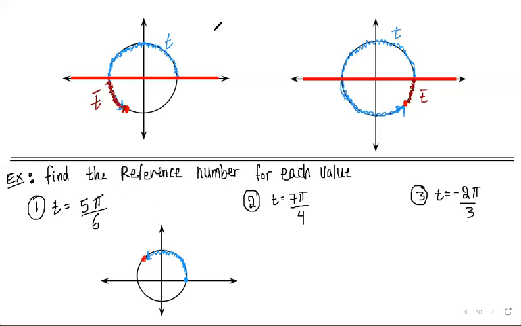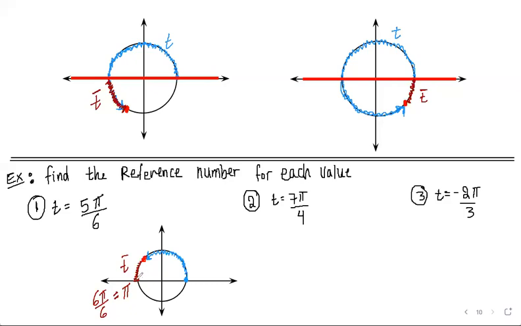To find the reference number, it is the distance between the x-axis here and the terminal point. This is my t bar. How to find it? This point is pi, and this is equal to 6 pi over 6.